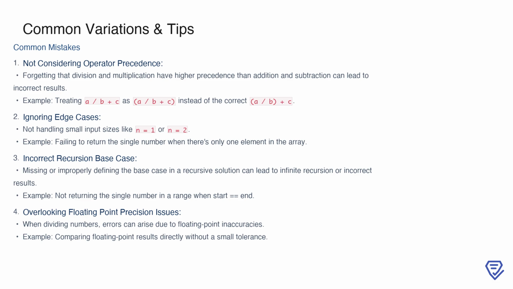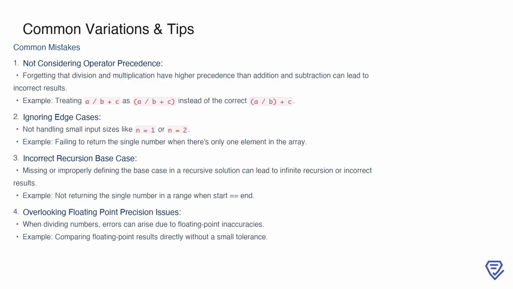Incorrectly defining the base case in a recursive solution is another pitfall. Without a proper base case, your recursion might either run infinitely or return incorrect results. For instance, when the start and end indices are equal, you should return the single number in that range. Lastly, overlooking floating point precision issues can cause trouble.